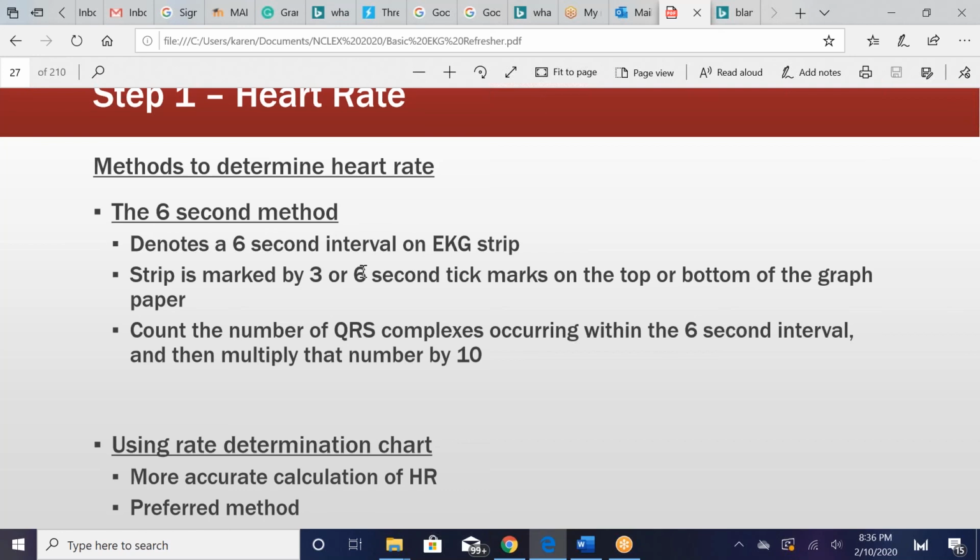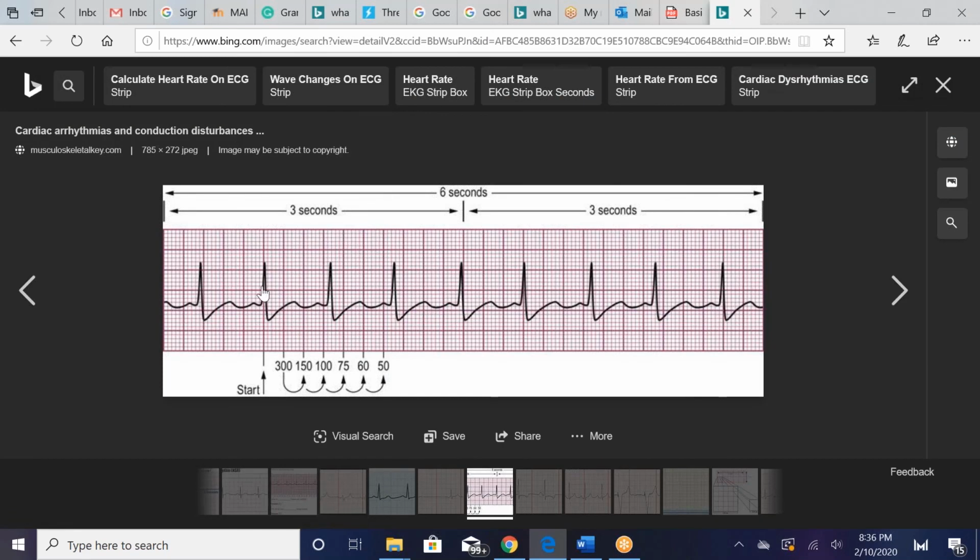So what you do, you count the QRS complexes within the 6 seconds and then multiply by 10. For example, let's look at this. This is a 6-second strip. It doesn't work with 3 seconds. So I'm going to count 1, 2, 3, 4, 5, 6, 7, 8, 9.